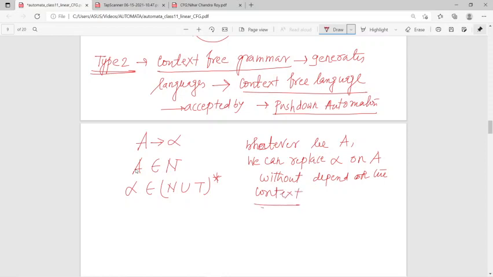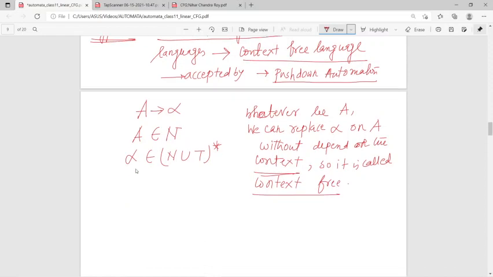Whenever we get A, we replace it with alpha, so without depending on context, it is called context free.